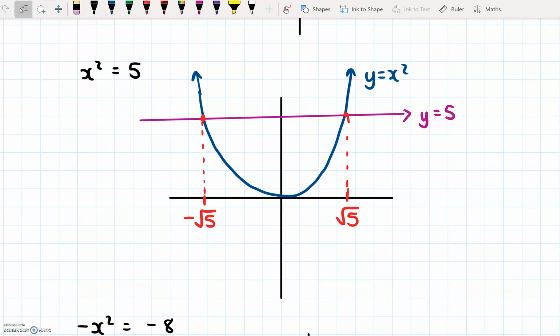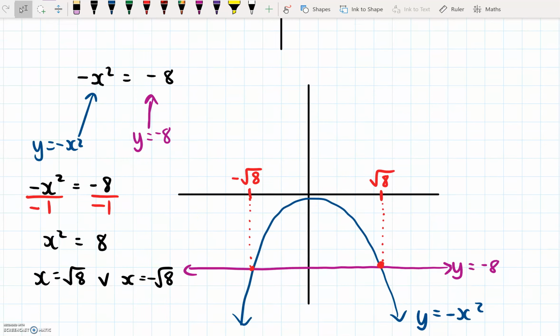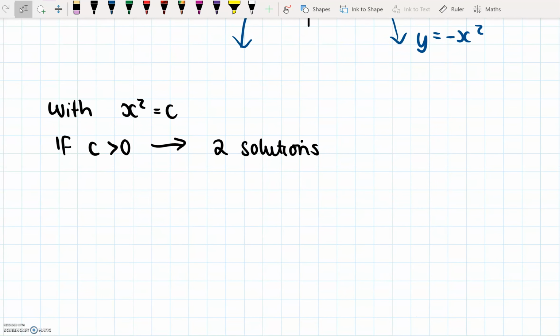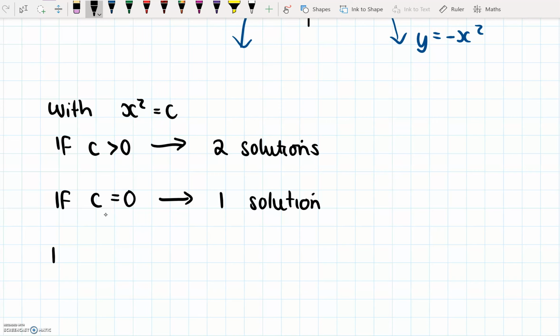If c is positive, then the line will always cross twice. If c is equal to 0, then we will have one solution. I'm going to draw a little sketch in a sec to show you why all of this happens. If c is less than 0, then we have 0 solutions.